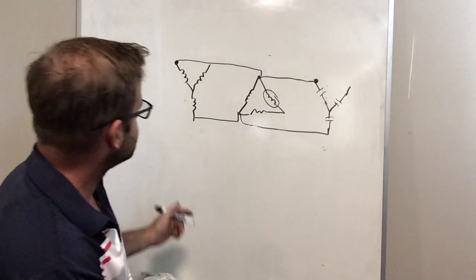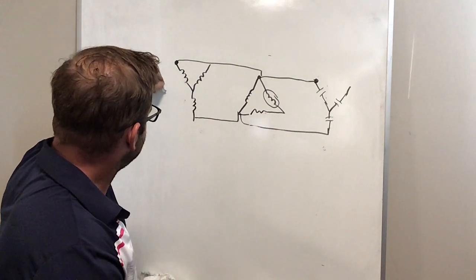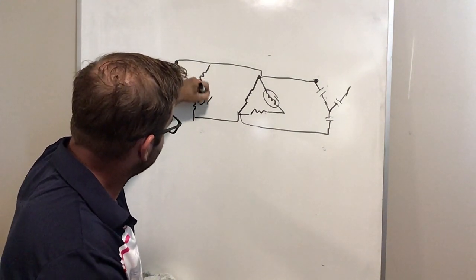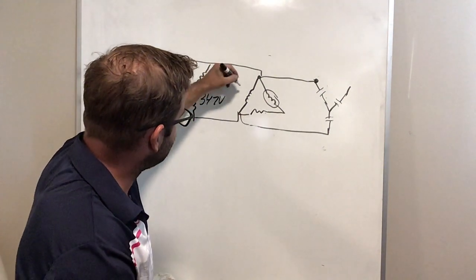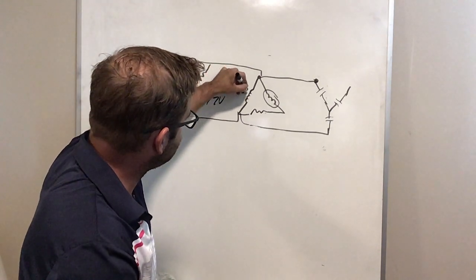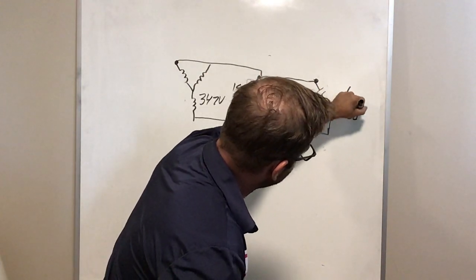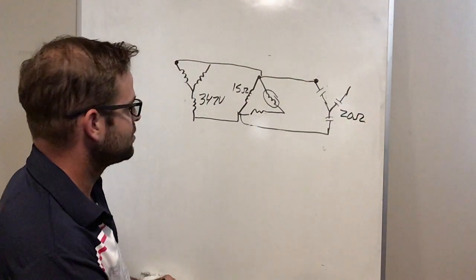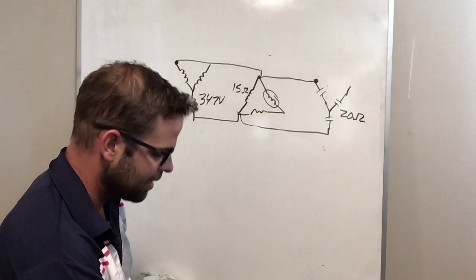All right, so let's do 347 volts here. We'll have an inductor as 15 ohms, and we'll have the capacitor as 20 ohms.